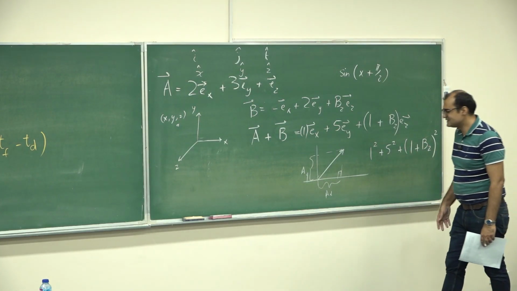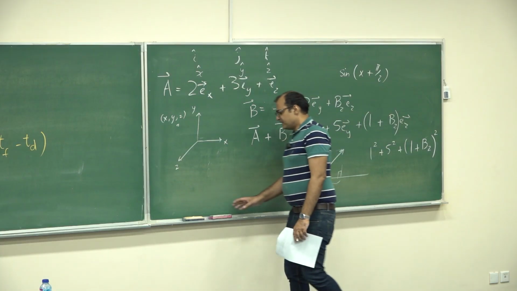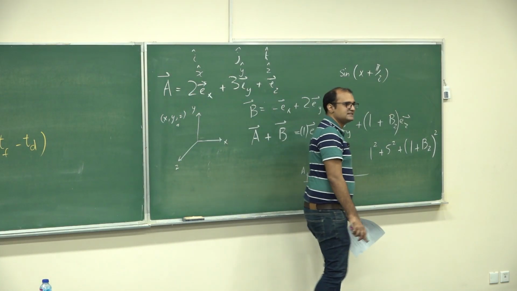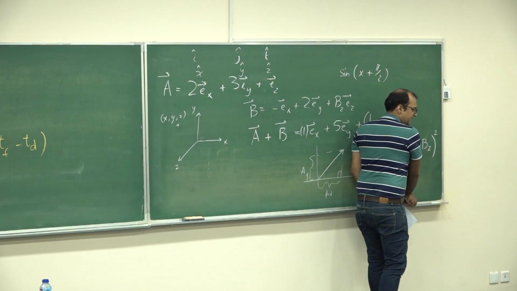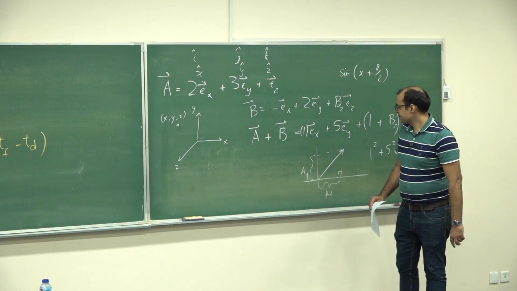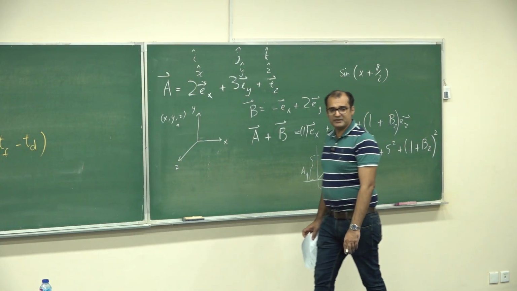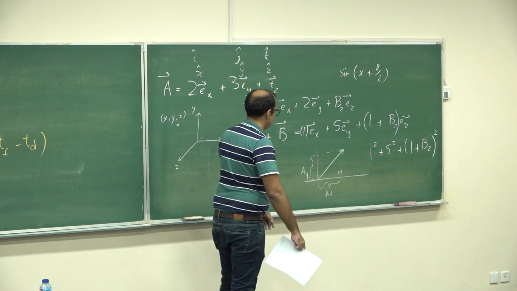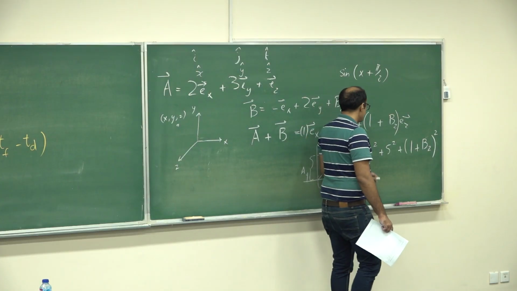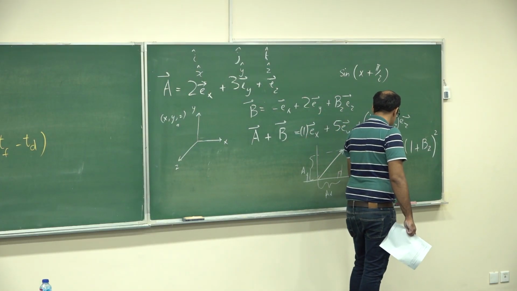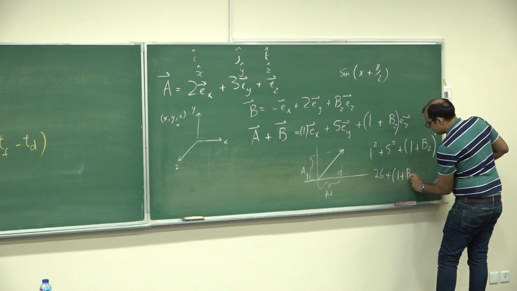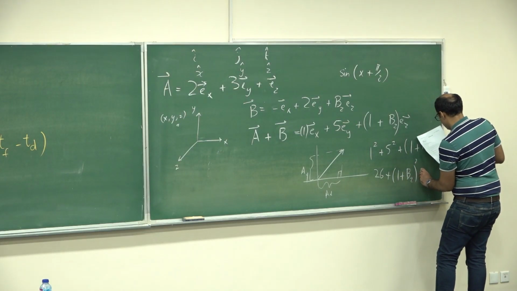Of course right now this might seem trivial, but if you're doing a long calculation, these little steps are exactly where people mess up. Especially after 2 hours of a long exam, your mind is tired, then you're more likely to make stupid mistakes like that. But anyway, so this is 26 plus 1 plus bz whole square.